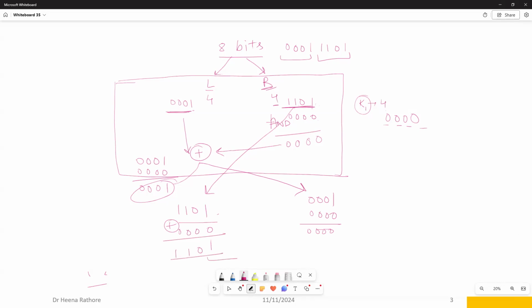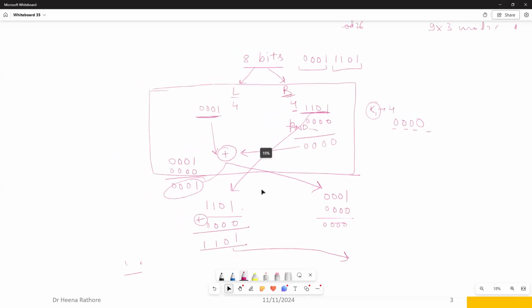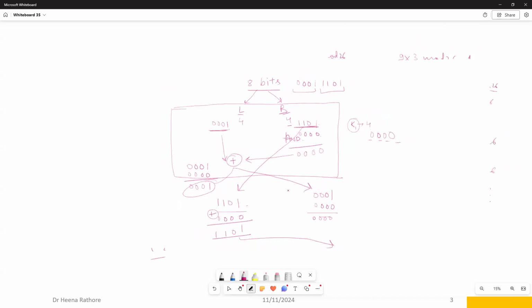This resultant will now become the right-hand side, and the previous right-hand side, which was this value, becomes the new left-hand side, which is 0001 and 1101. And this corresponds to the second round. Is it making sense what exactly happened over here in the Feistel cipher structure?